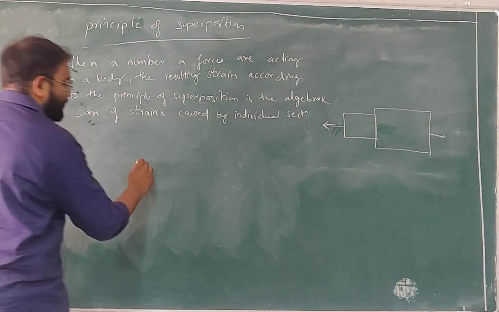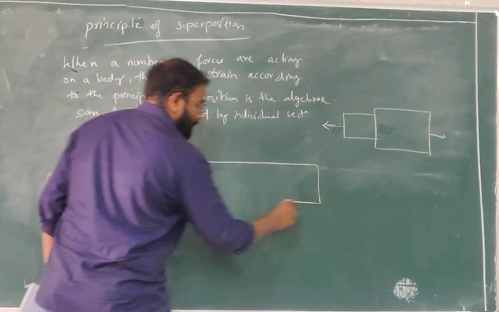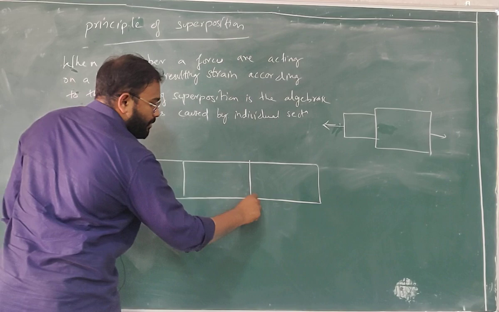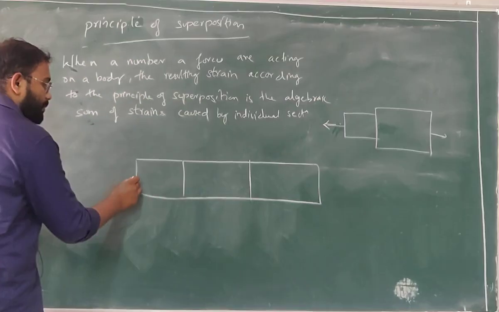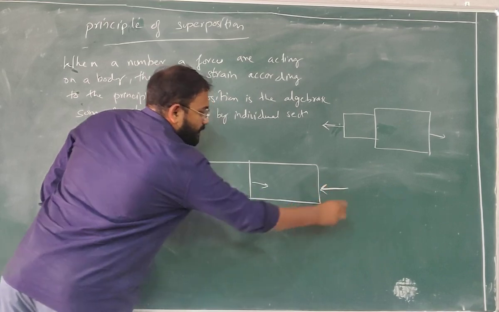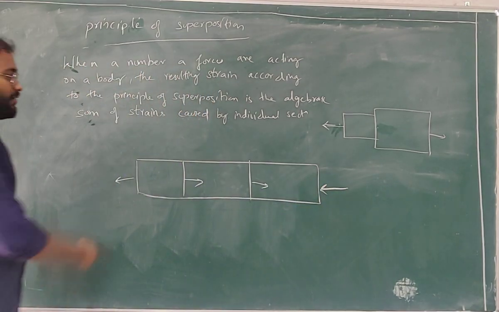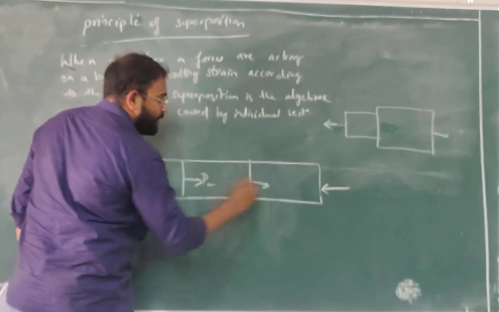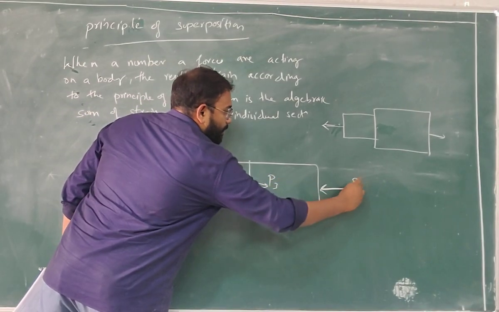What does it mean? Suppose you have a body like this which has multiple sections. Suppose you are applying some forces at different points of this body, like this. Suppose this is P1, this is P2, this is P3 and P4.